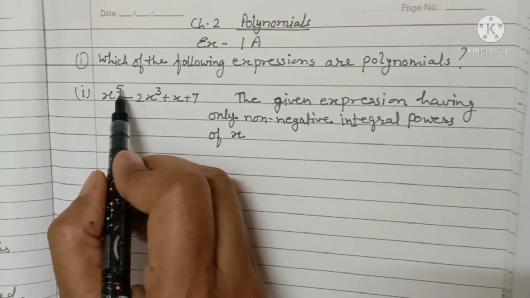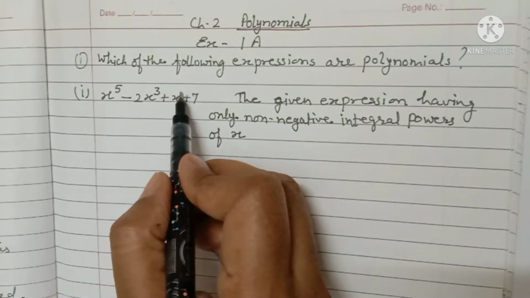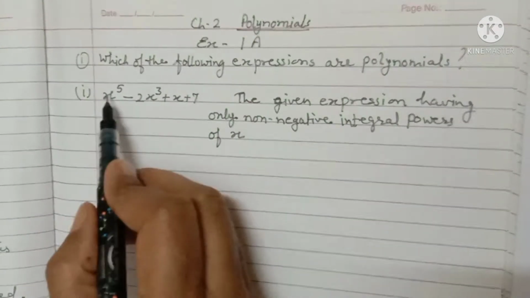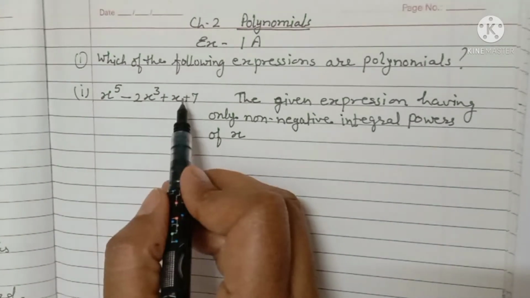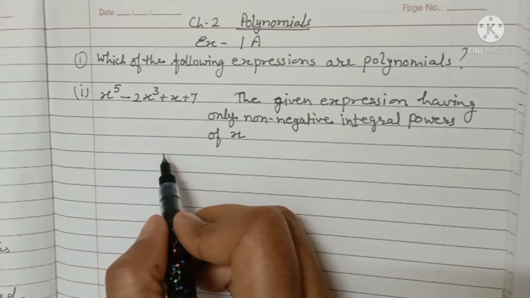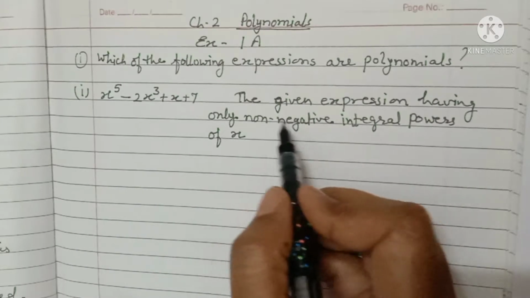Here we have x to the power of 5, x cube, and x to the power of 1. So all the powers are non-negative integral powers, meaning the powers are in the form of whole numbers.